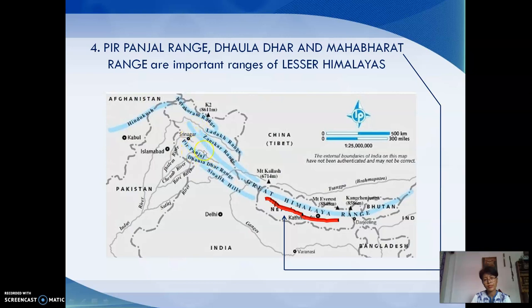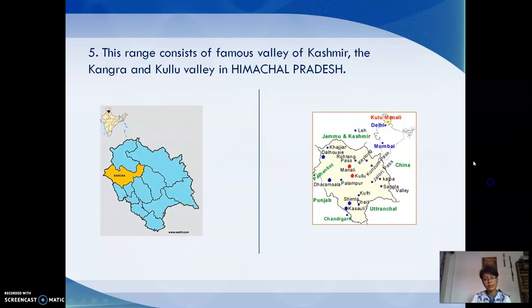You can see this is the Kashmir area, and just south of Pir Panjal is the Dhauladhar range, which I'm locating here. But the Mahabharat range, have you seen this red mark I'm showing? That is over the Nepal part, and I'm showing one arrow mark here. The Mahabharat range is located over the middle portion of Nepal. So these are the three important ranges which lie over lesser Himalaya.